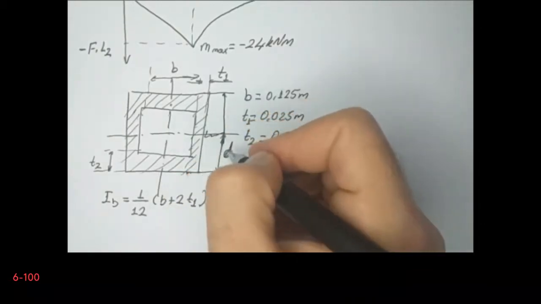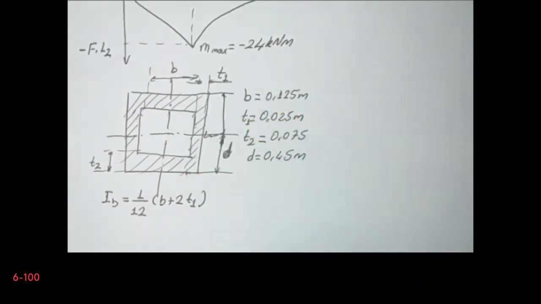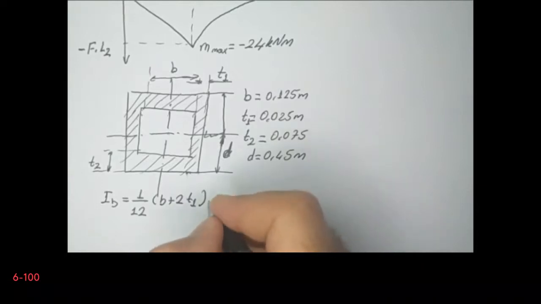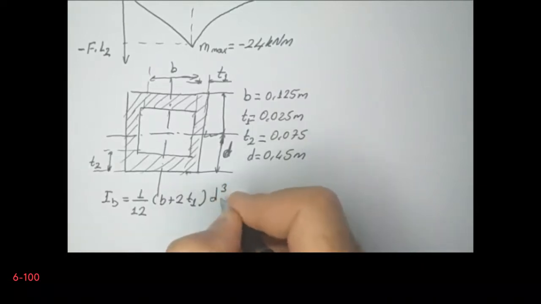The total height is D, as given in the problem. So B plus 2T1 multiplied by the cube of the height.